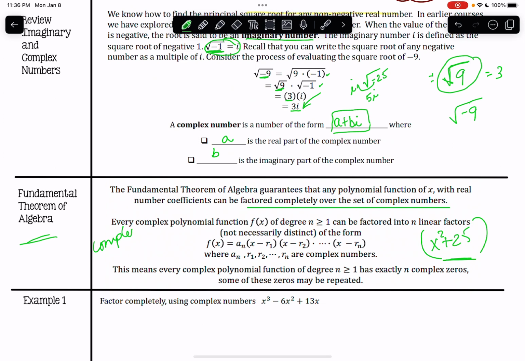I guess they're all complex, because you can have no imaginary part. But they'll either be real or imaginary.